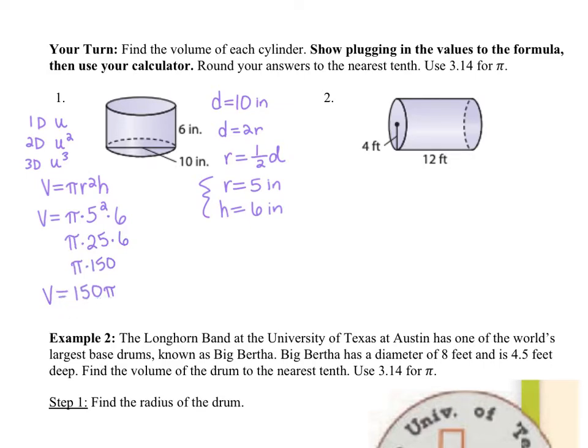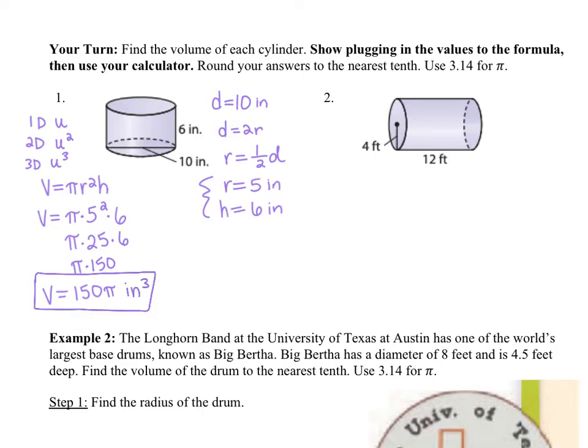We leave it in terms of pi, meaning we don't actually multiply the pi out because it's an irrational number. This whole thing's irrational, and so we don't want an estimate. If you want the exact answer, and you will have this a ton in geometry, if you want the exact answer, you leave it here, 150 pi. And we want to put the label, because it's volume, it's the label cubed, so that's inches cubed in this case. So that's the answer left in terms of pi.